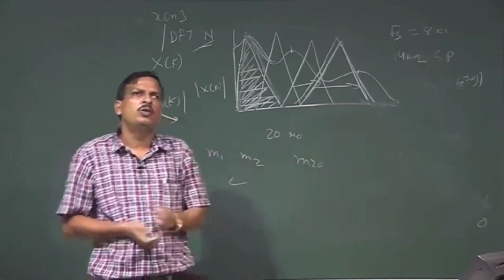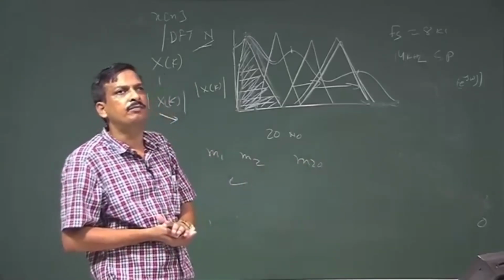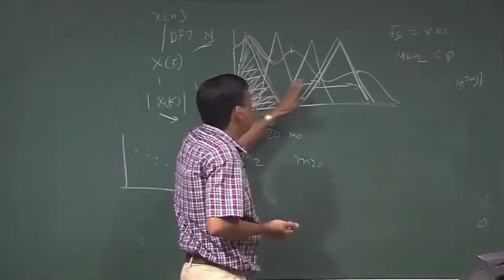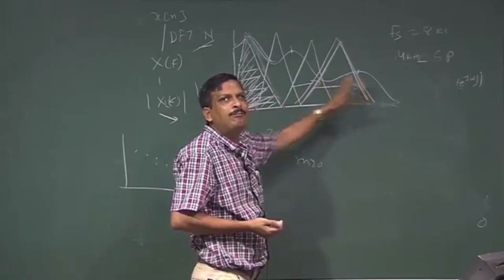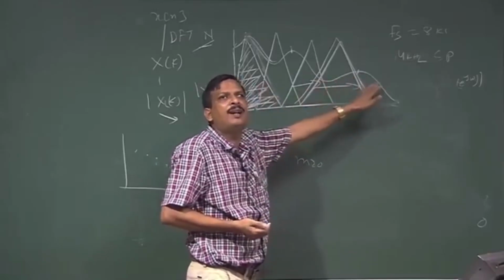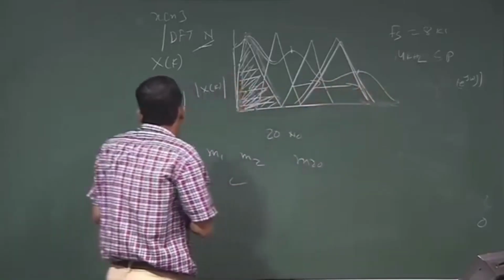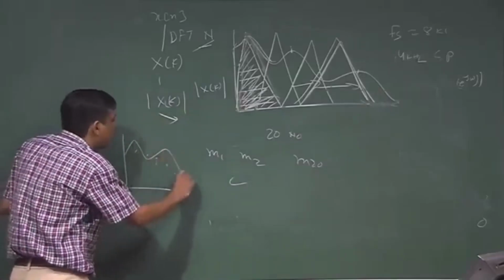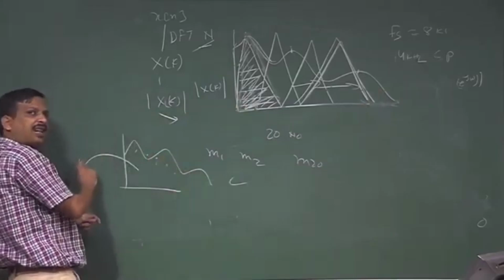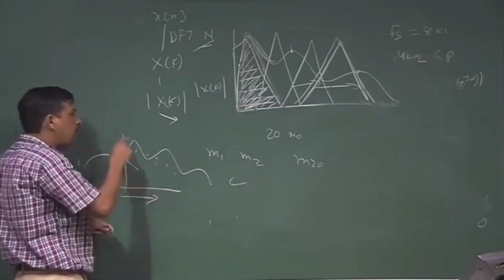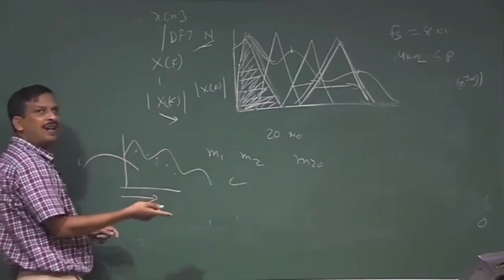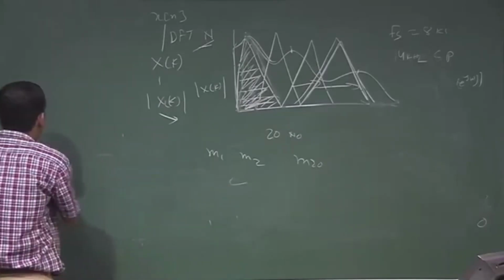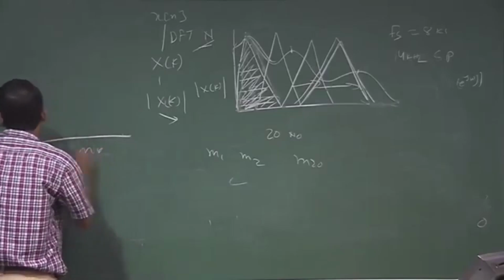I can find out 20 mel points. Since filters are designed in mel scale, we can say we have worked the frequency spectra in mel scale. Instead of hertz, I work this spectra in mel scale.